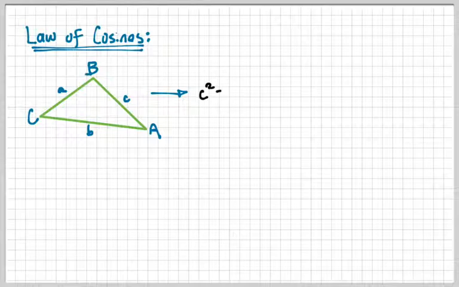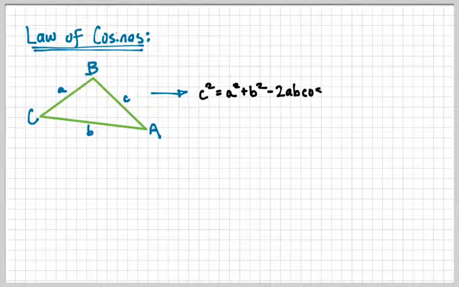c squared equals a squared plus b squared minus 2ab cosine of c. And there's some different parts to this. Some of you notice that in the front of the expression there's something that looks like the Pythagorean theorem.